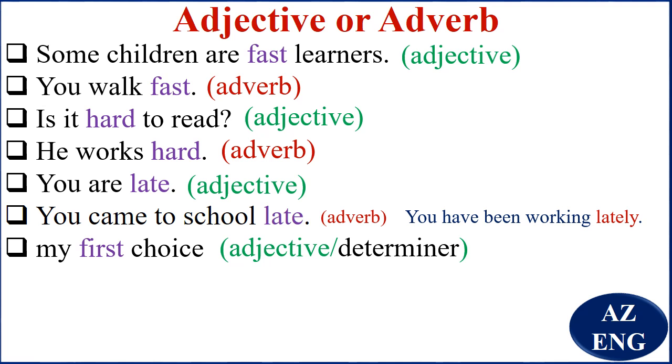You can check that. So it is either adjective or determiner. That is why I've written adjective slash determiner. So the word first here is an adjective, or as I said earlier, some dictionaries show it as a determiner.